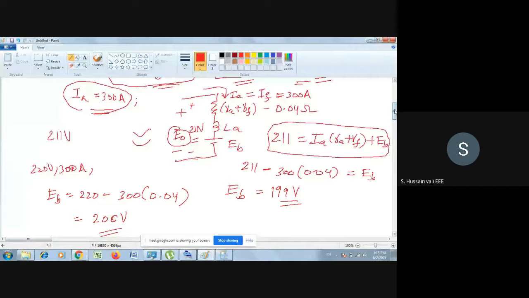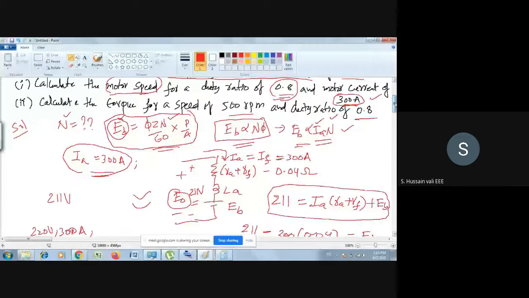I think in the problem he has given the duty ratio. We got one EB from the magnetization test, and we need another EB. But this EB is not useful here, because he said some duty ratio. So at this duty ratio, what is the E naught value?